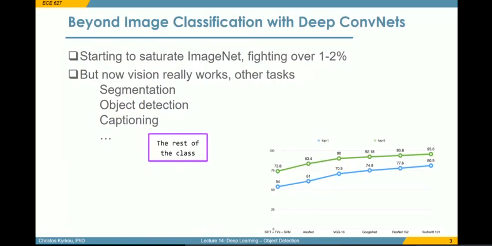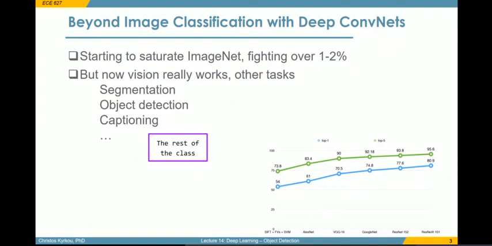So classification with deep convolutional neural networks, as we saw in the previous class, basically revolved around ImageNet. So people were trying to develop methods to get a higher accuracy on ImageNet. But we have reached a point where people are just pushing for 1 to 2% improvement.